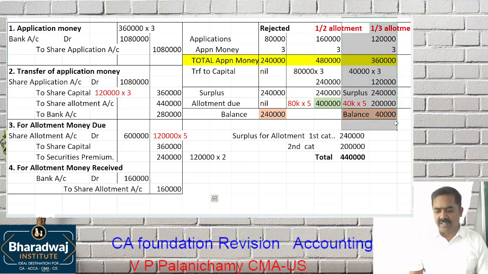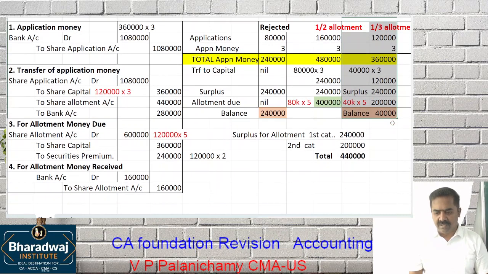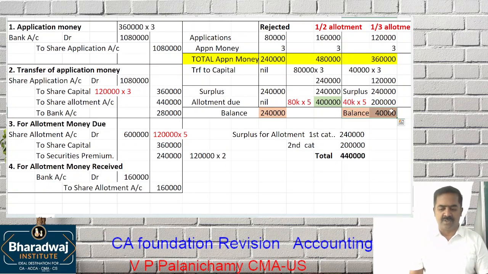From the last category, allotment money due is 2 lakh and your surplus was 2 lakh 40. From the second category there is surplus and not a paisa due. So this 1 lakh 60,000 is nothing but due from this category.